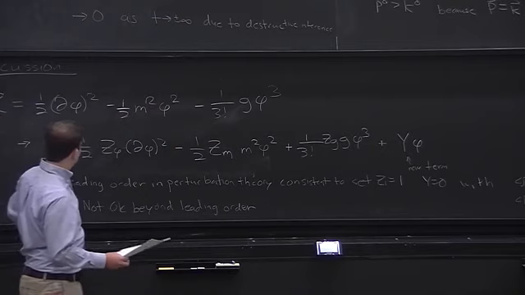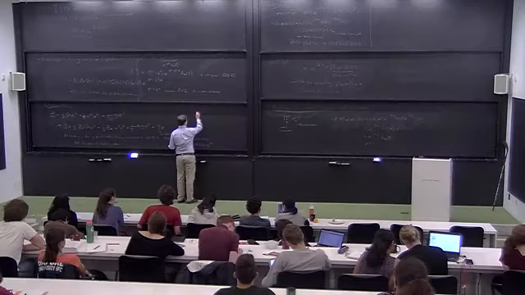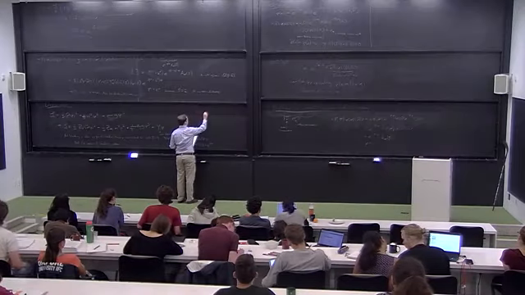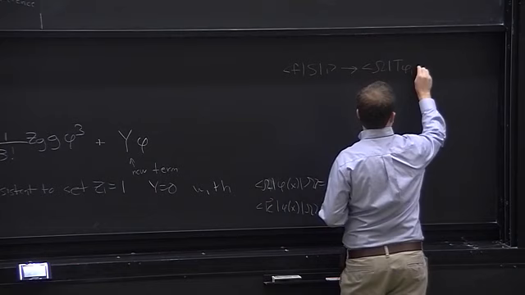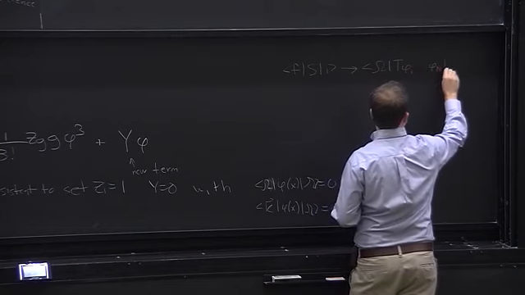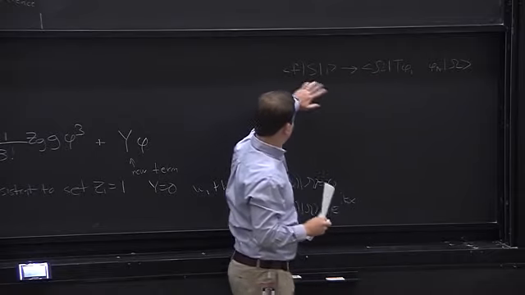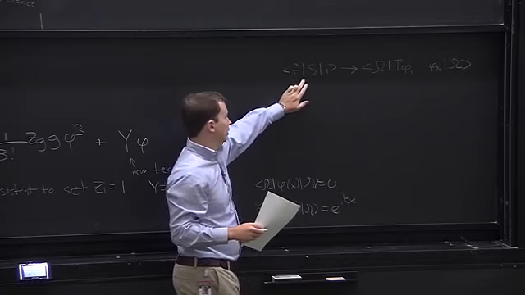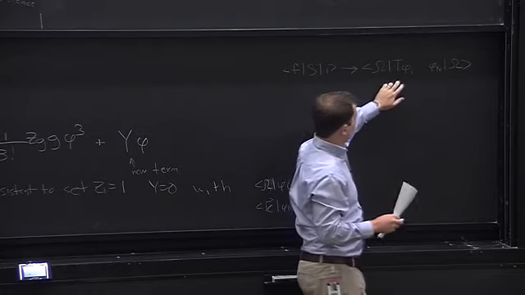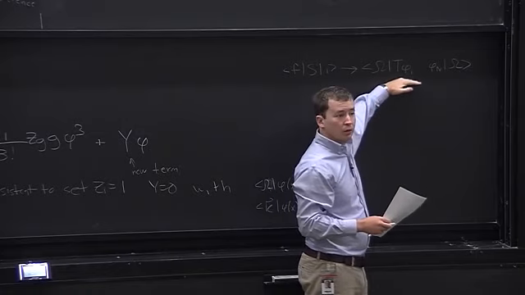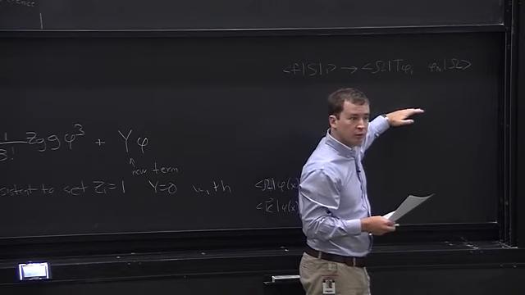Okay, so to recap, we've seen how to relate the fields to time-ordered products of fields in the interacting theory. Yesterday, we saw that we could relate the scattering amplitudes to cross sections and decay rates. And tomorrow, we'll see how to relate these n-point functions in interacting theories to n-point functions in free theories, where we know how to calculate them.